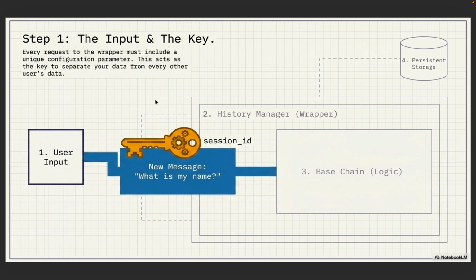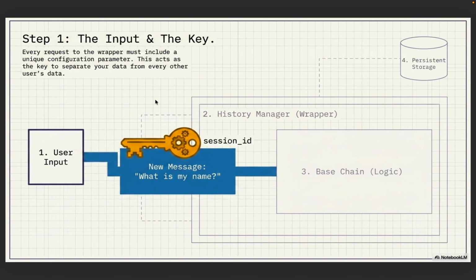So the LLM has to have a mechanism to identify these two messages as coming from two different users. For that we need a key, which we call a session ID. Every user, or every chat context, has their own session ID. For example, my session ID is 123, and in that session I say my name is Naji and ask, what is my name? It says, your name is Naji.